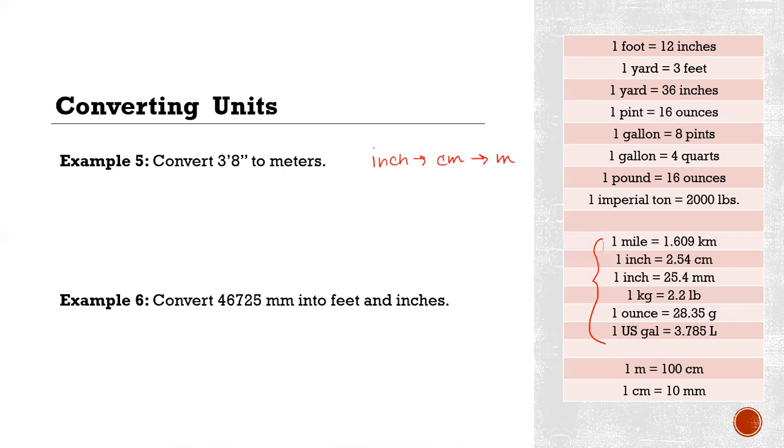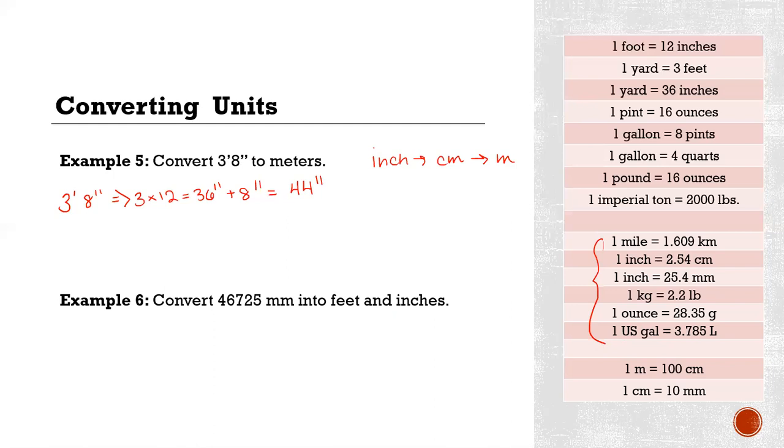That's going to be our easiest path. You could go inch to meter, and that would work as well. So 3 feet, 8 inches is equal to 3 times 12 equals 36 inches plus 8 inches. Leaves us with 44 inches. So the first step is to turn it all into a single unit.